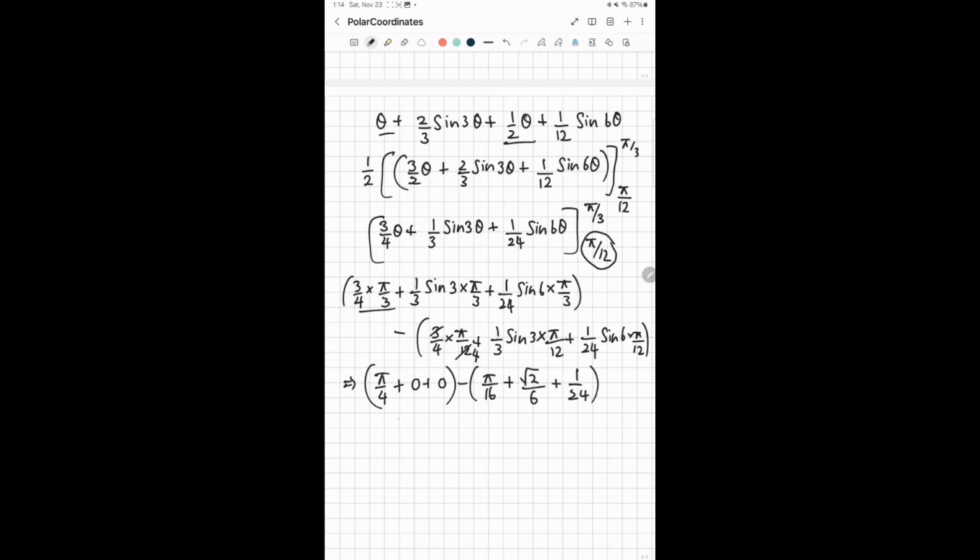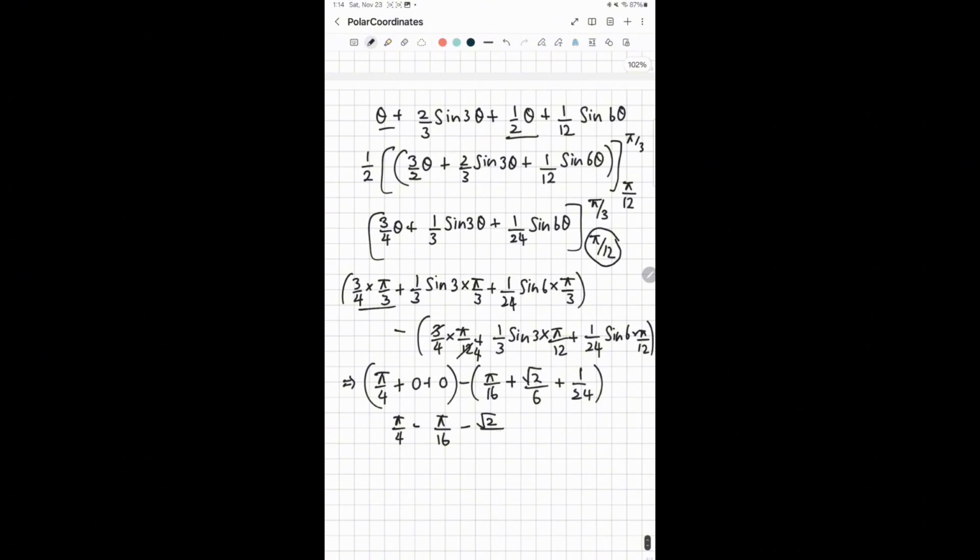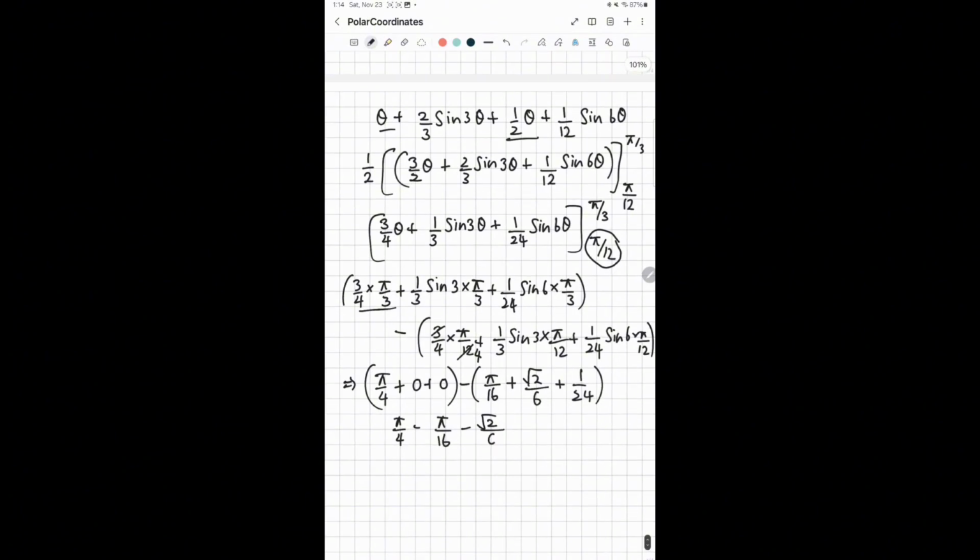So this is going to give you pi over 4 subtracted by pi over 16 subtracted by square root 2 over 6 subtracted by 1 over 24.